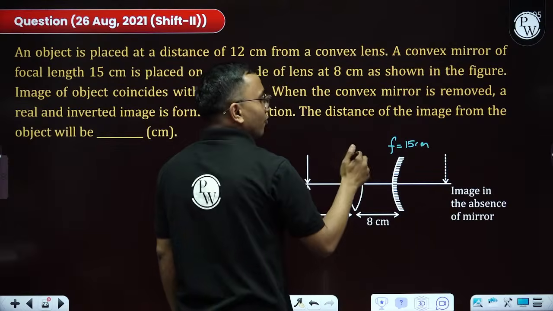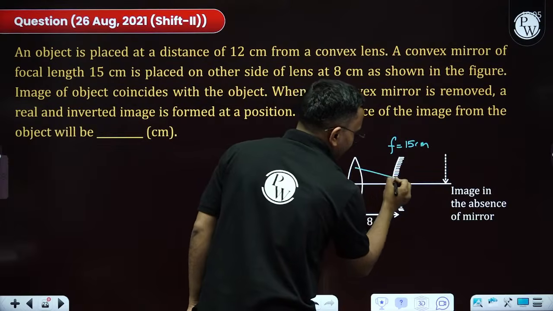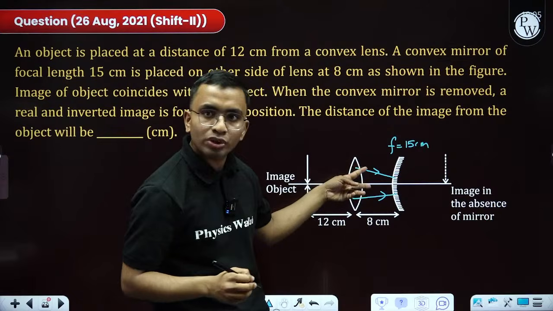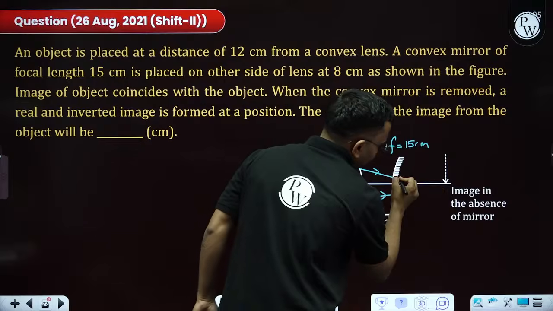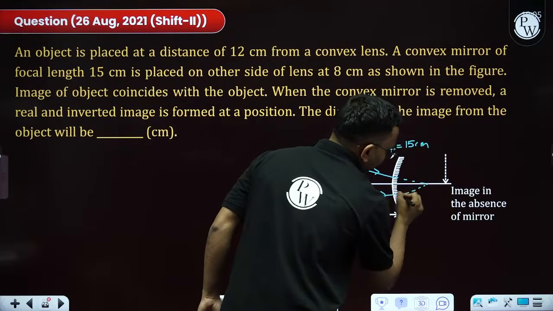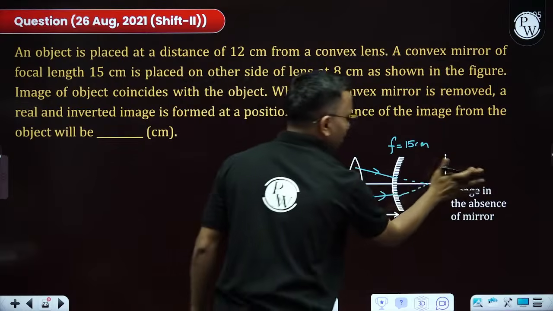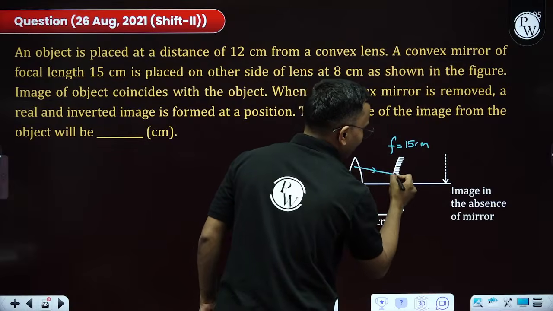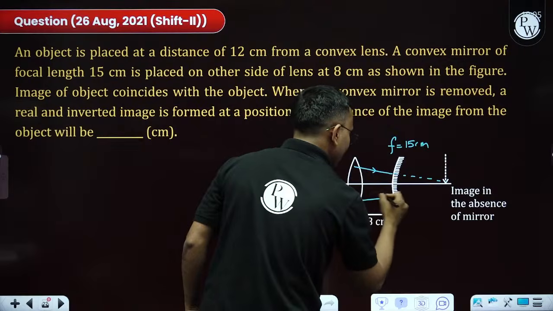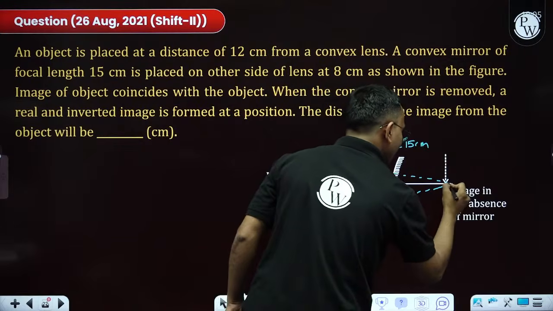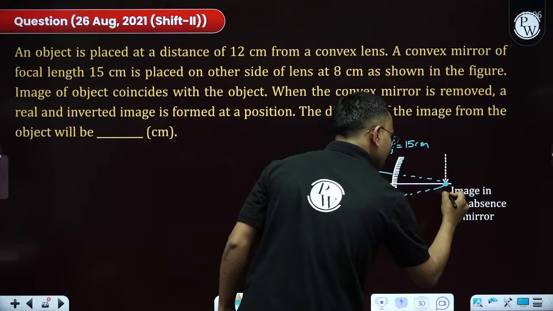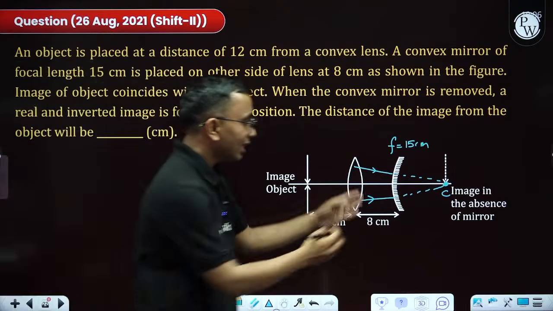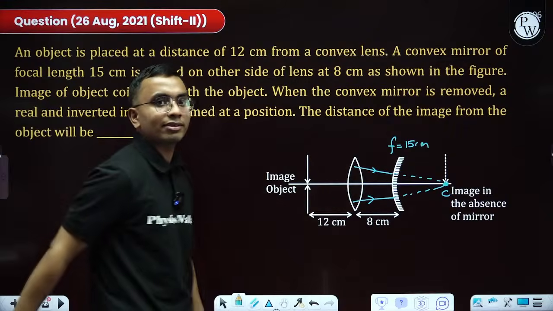Okay, from the lens, the rays can go somewhat like this. If these rays have to retrace their path, it should be somewhat like this, as if the image is there without the mirror, then somewhat like this they will go, and I will say this has to be the center of curvature of the mirror, then only they will exactly retrace the path.